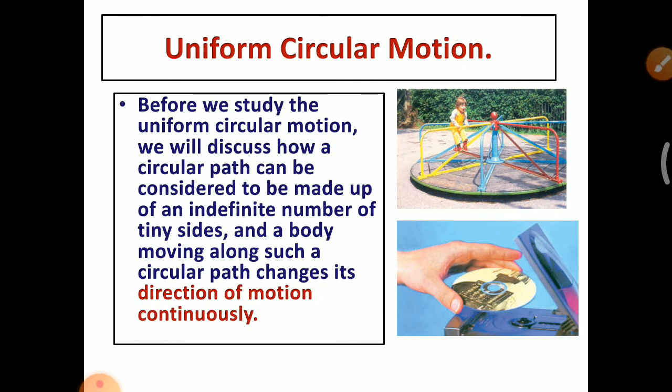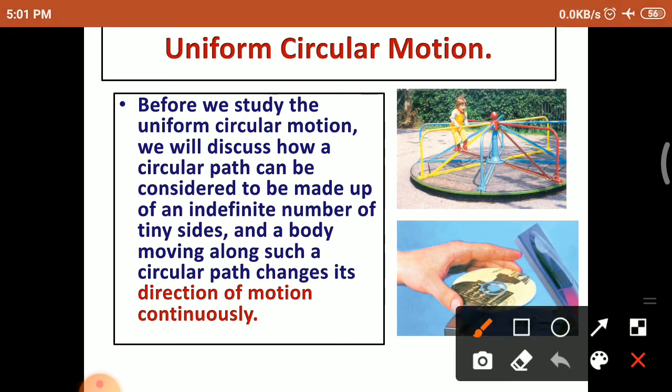Before studying uniform circular motion, we will discuss how a circular path can be considered to be made up of an indefinite number of tiny sides, and a body moving along such a circular path changes its direction of motion continuously. Do you understand this line?